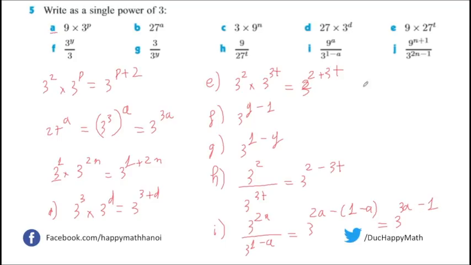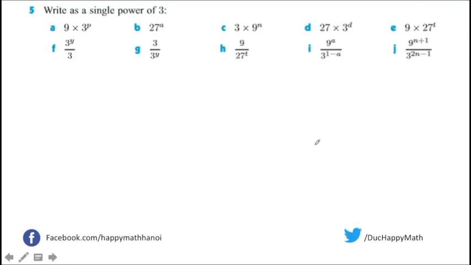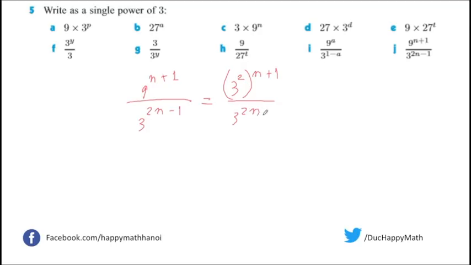And the last one, sorry, I have to clean my slide. So the last one is 9 power n plus 1, and the denominator is 3 power 2n negative 1. Now you have here 3 power 2 to the n plus 1, and 3 power n negative 1. Expand, you have 3 power 2n plus 2 divided by 3 power 2n negative 1.